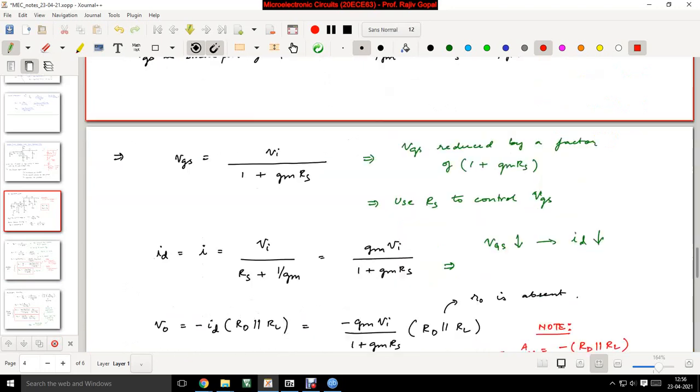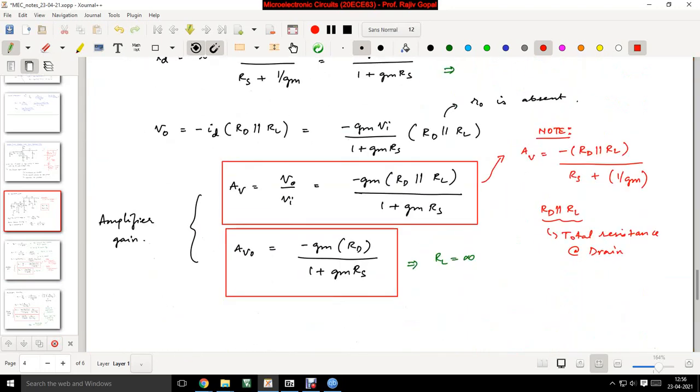So RD parallel RL is the total resistance of drain, and RS plus 1 by GM is the total resistance at source. So you can say that the gain of the amplifier is a ratio of total drain resistance to total source resistance, with a minus because it is inverting.